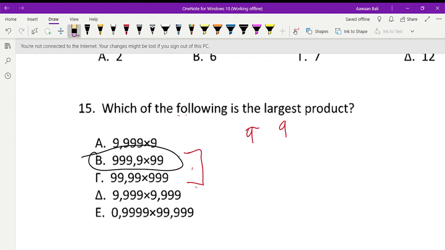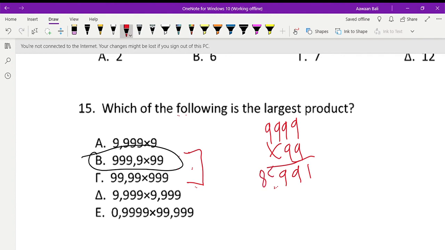Wait, let me just check this now. 9999. So first we have 9999 times 99. I'll add the decimal point later, but nine. Yeah, you get the idea.